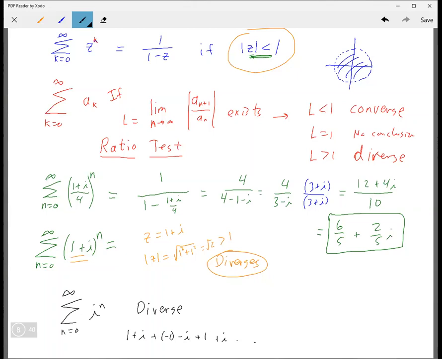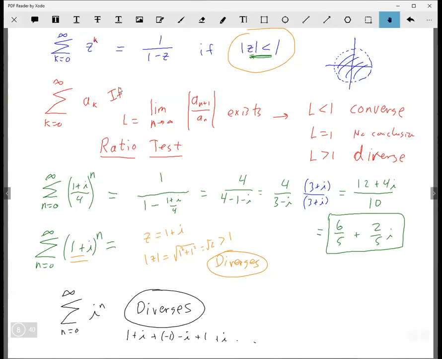And so it's just kind of all over the place. So no, it diverges. Well, not all over the place, because the partial sums are going to bounce between 4 different values. Okay, so that's a bunch of things about the geometric series, and then this is about series in general, where maybe you can use a ratio test. We'll talk more about the ratio test in the future sections, though.